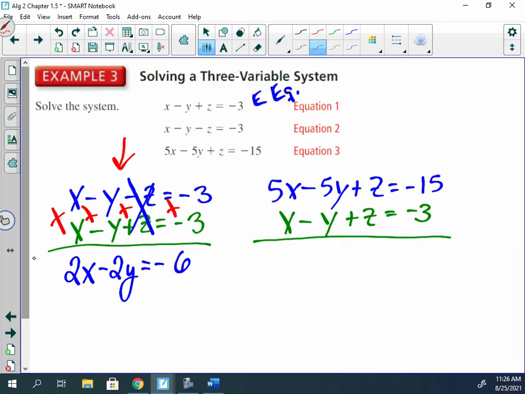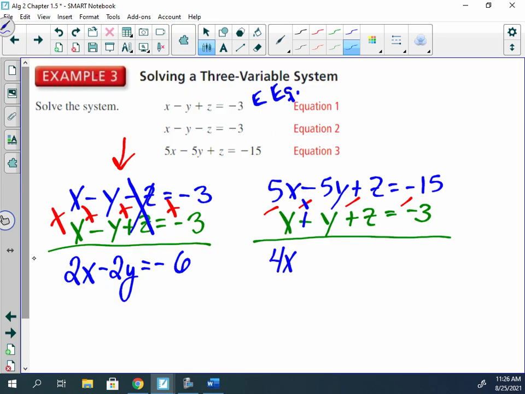Well, if we look at the other one, the signs of z are the same, so we would subtract. When the signs are the same, we subtract. 5x minus x is 4x. 5y minus negative y, negative and negative make a positive.